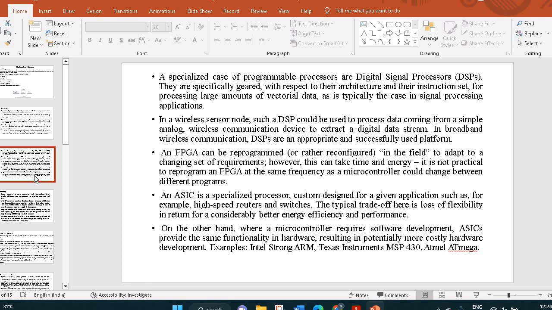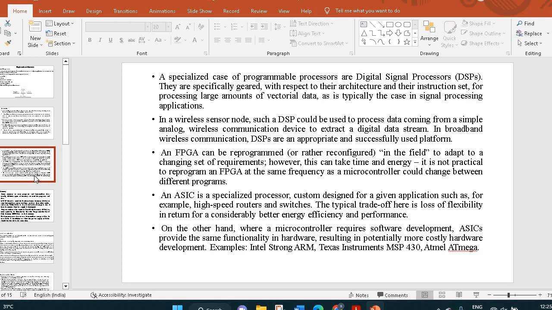An FPGA can be programmed in the field to adapt to a changing set of requirements. An ASIC is a specialized processor custom designed for a given application, such as high-speed routers and switches. The typical trade-off here is loss of flexibility in return for a considerably better energy efficiency and performance.